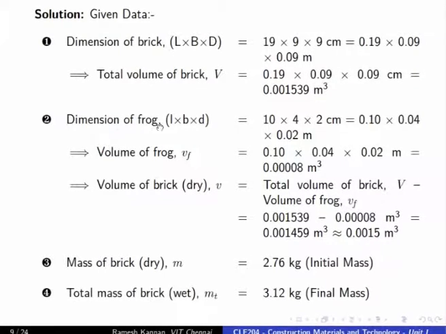And the dimension of the frog is the small l, b, and d, which is nothing but the standard dimension of the frog. And when you have that dimension, you can calculate the volume of the frog. The actual volume of the brick in the dry state is the total volume of the brick minus the volume of the frog. Frog is actually an indentation, and we need to remove that because it will create an error in terms of final calculation.